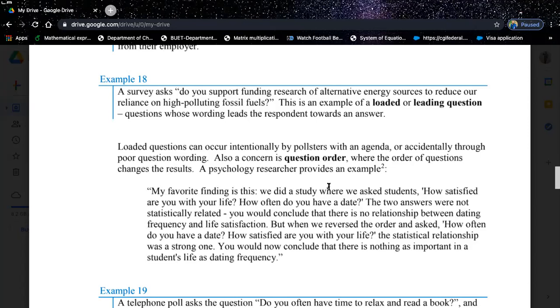Now what does it mean to have a loaded question? So first one is the type of words you use. Maybe the wording itself is a problem.